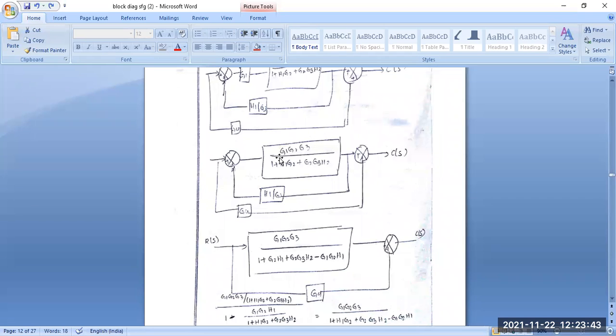So the equation is coming only minus of G1 G2 H1 also. Okay. So in this step, we have to combine, we have to eliminate this feedback loop according to these blocks to the summing points also. Is it clear, all of you?